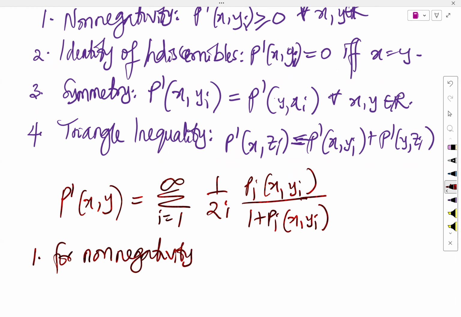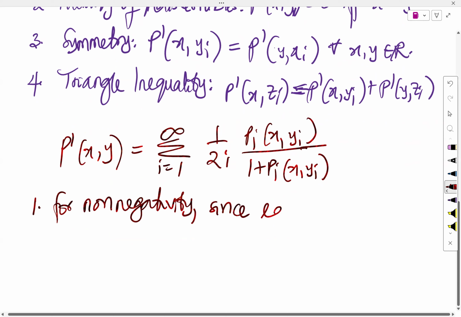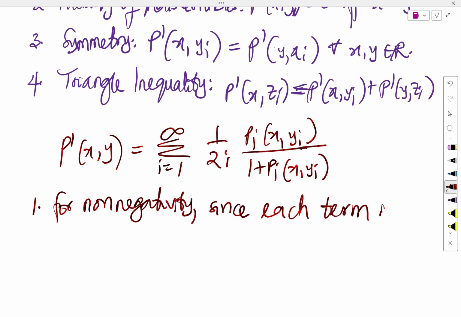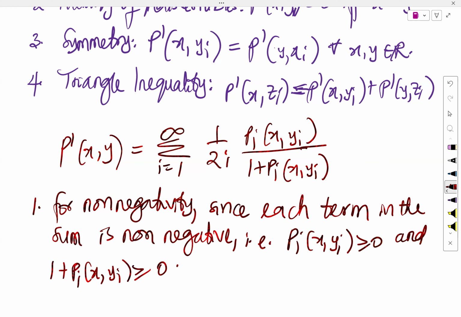Since each term in the sum is non-negative, that is, you already know that pi of xi comma yi is greater than or equal to 0. It's non-negative because it's a metric. And when you add 1 to it, it makes the denominator even more positive, so to speak. Since that is guaranteed, what do you say?